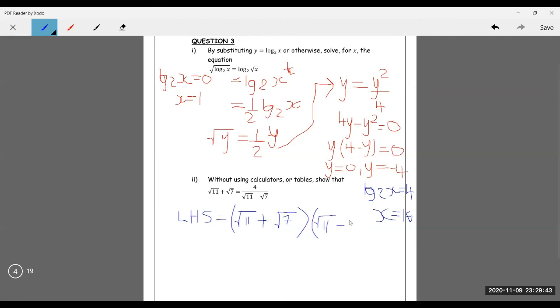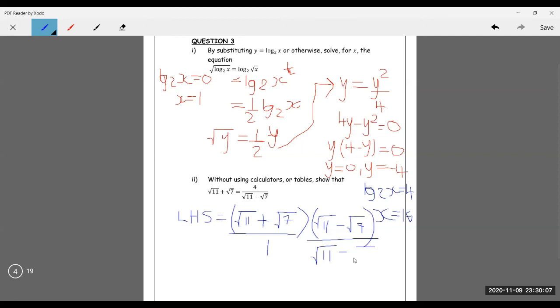We're also going to multiply the denominator as well. Remember, always multiply the numerator and the denominator by the conjugate. So root 11 plus root 7, think of it as over 1. Then we multiply it by root 11 minus root 7.